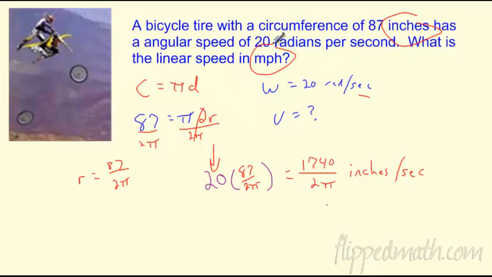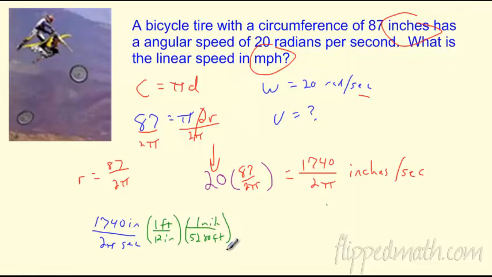Kind of weird. In fact, they want me to find miles per hour. So let's convert this to miles per hour. I've got 1,740 inches every 2 pi seconds. 12 inches is 1 foot, and make sure feet is on the bottom to keep them opposite. Then 5,280 feet is 1 mile.